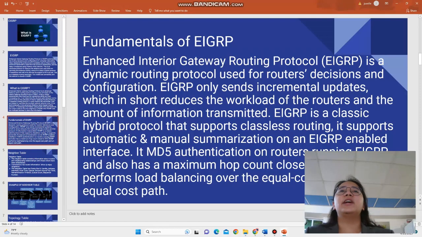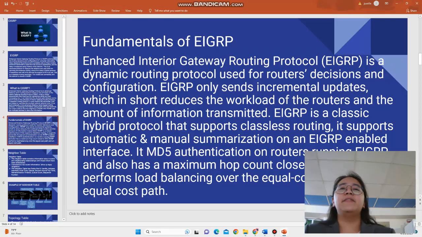EIGRP only sends incremental updates, which in short reduces the workload of the routers and the amount of information transmitted. EIGRP is a classic hybrid protocol that supports classless routing. It supports automatic and manual summarization on an EIGRP enabled interface.